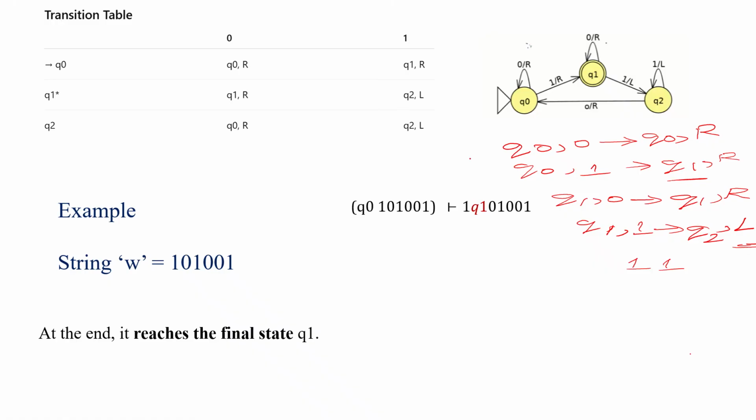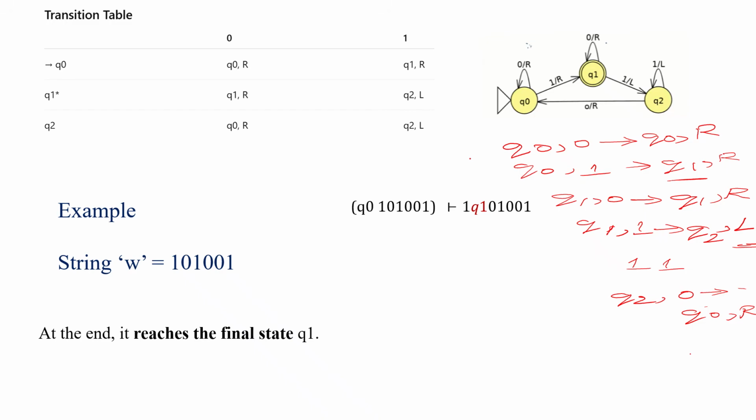Now come to Q2. When Q2 reads 0, it goes to the initial state Q0 with the right-hand side direction. So it is a reset: Q2 resets to Q0 and the direction is right.